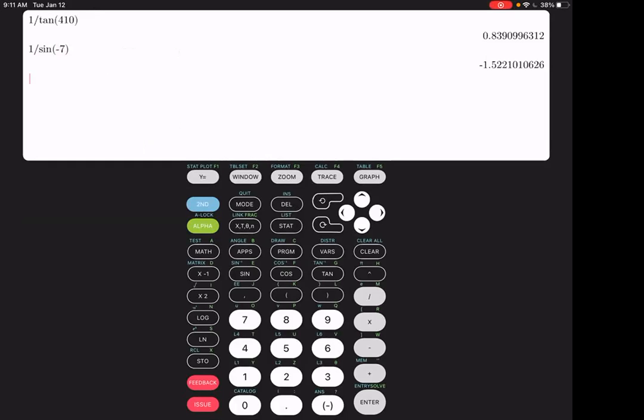So there were 2 questions maybe on your homework that were similar to that. And you have to first convert it to the reciprocal function because you know the angle. So you're taking 1 over its reciprocal.